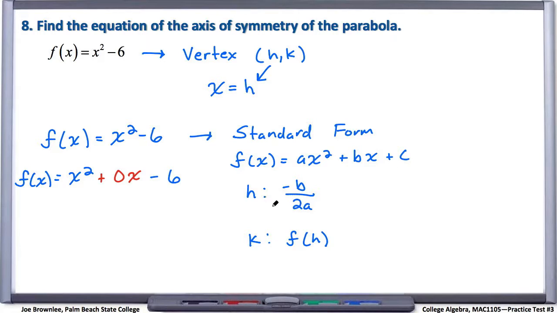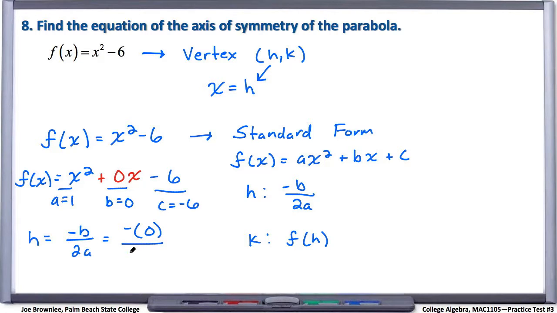So let's find the vertex now. First we need to find h, and we're going to use negative b over 2a. Here a equals 1, b equals 0, c equals negative 6. If h equals negative b over 2a, then negative b is negative 0, divided by 2a, and a is positive 1.